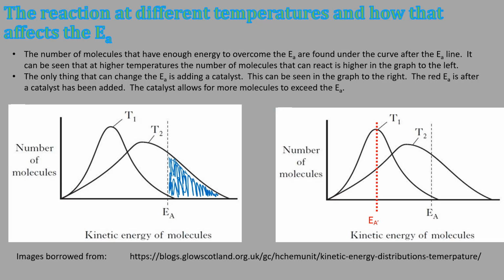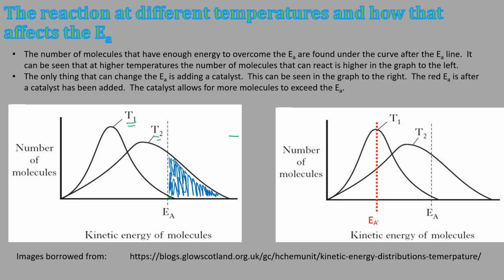Whereas for temperature 1, it's a very, very small piece. There are not as many molecules at temperature 1 that have enough energy to overcome the energy of activation because it's at a lower temperature. So a higher temperature means that the curve flattens out a little bit because more molecules have more energy, and so we have the ability to react faster.